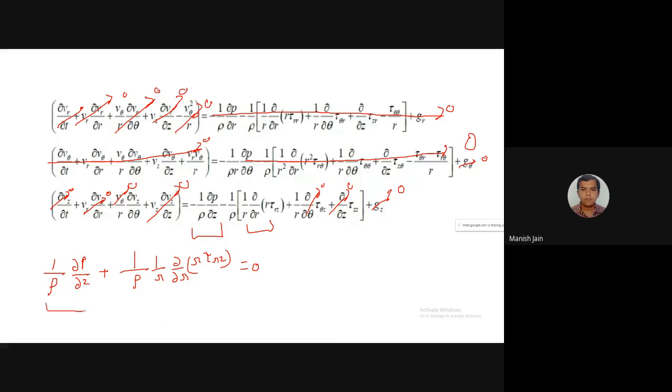Now here you have the two quantities. One quantity will depend upon z, one quantity will depend upon r. So basically you can integrate these quantities separately. When you integrate this quantity separately, this will become P0 minus PL divided by L. Here you have the negative sign, so this will become PL minus P0. Just substitute this value here, you will get the final equation.